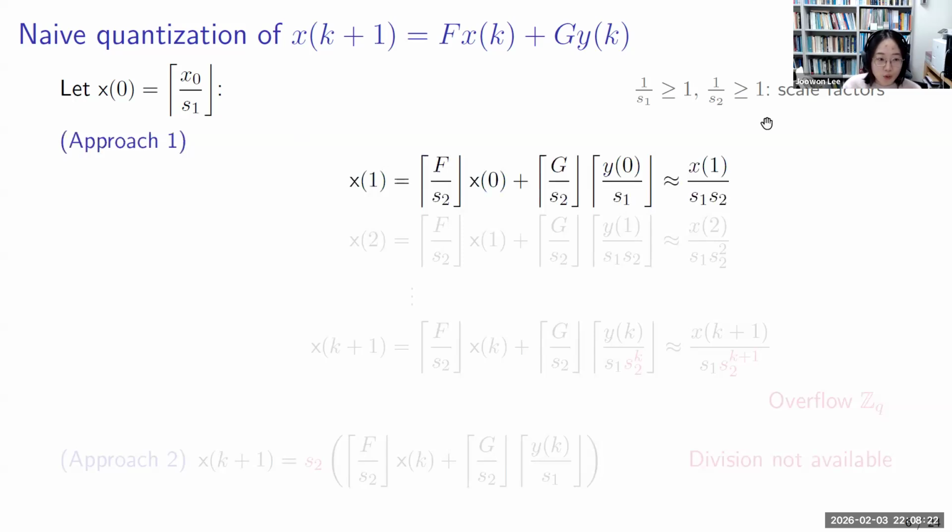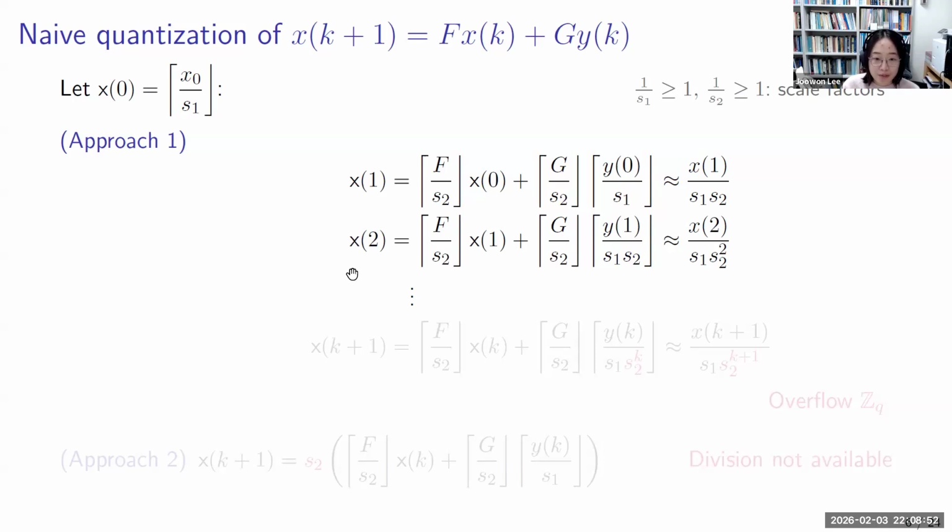One approach is to quantize each control parameter, each matrix, using a scale factor S2, and then multiply it to the quantized initial state. And then the result will be approximately this value, which is of scale 1 over S1 times S2.